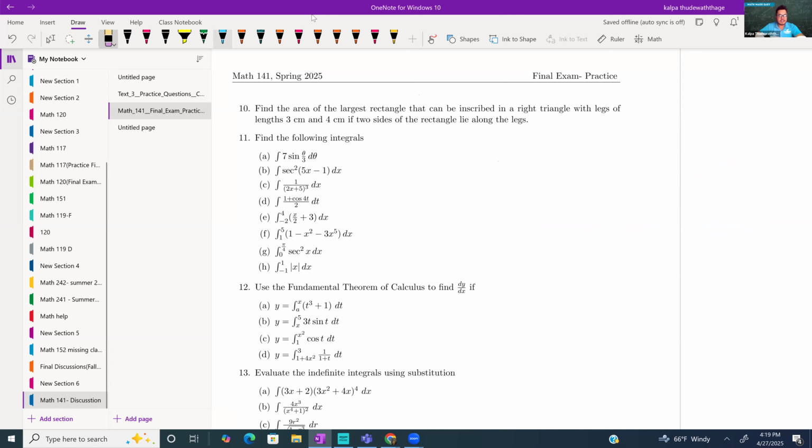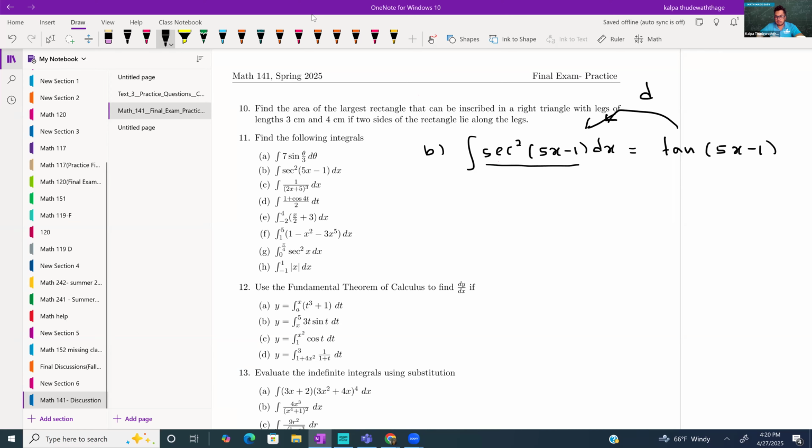In part B, you can actually use substitution if you want. Or you can think, okay, secant square 5x minus 1. You don't need substitution actually. You know the derivative of tan is secant square. So you take this tan 5x minus 1, because if you take the derivative, you can go back to your integrand.